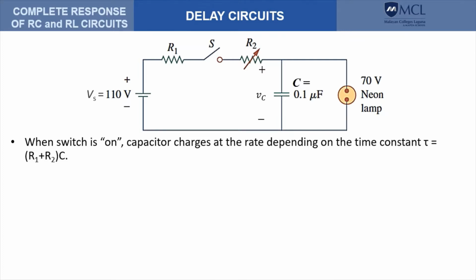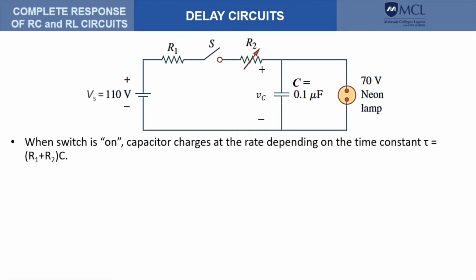In this diagram, we have a series RC, and across the capacitor is a neon lamp. A neon lamp is a type of lamp that is open if the voltage across it is lower than its triggering voltage.